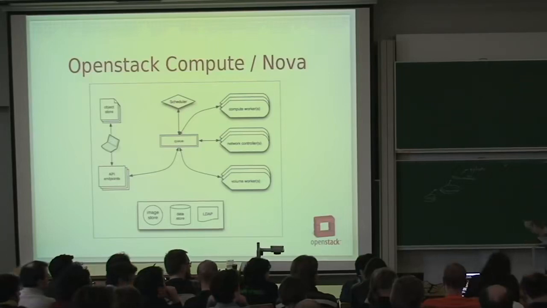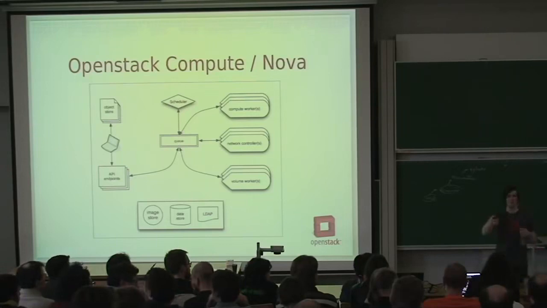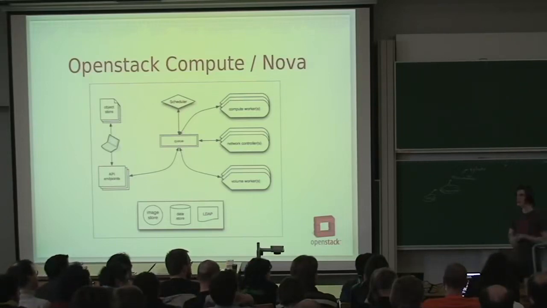And you use VPN to connect to them from the outside, or you can use floating IPs to actually assign an external IP to a particular internal IP.